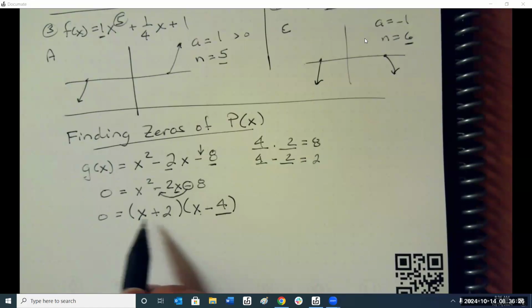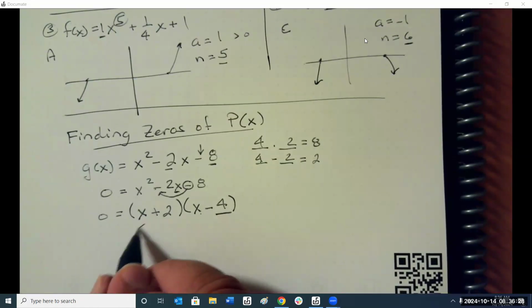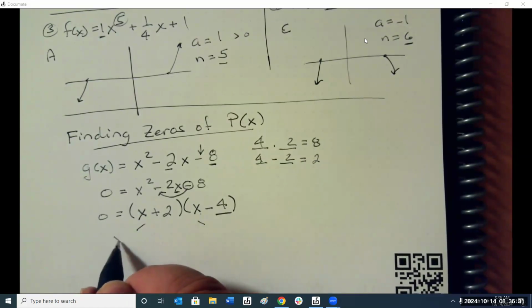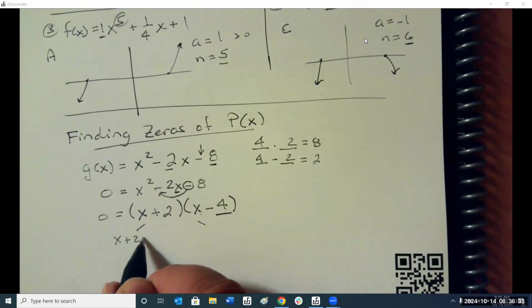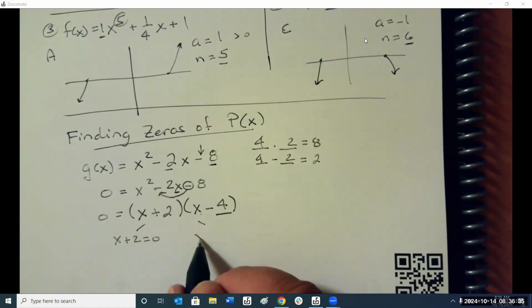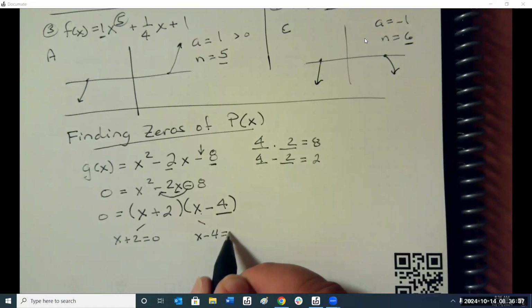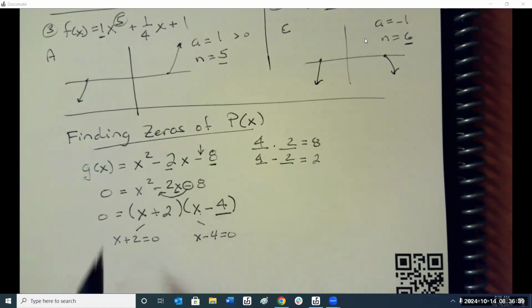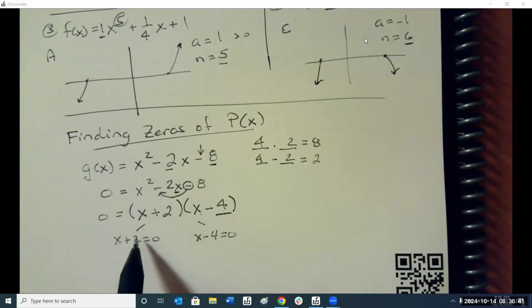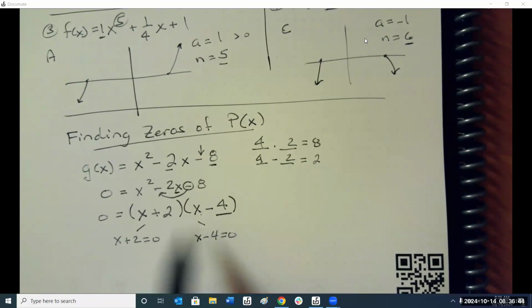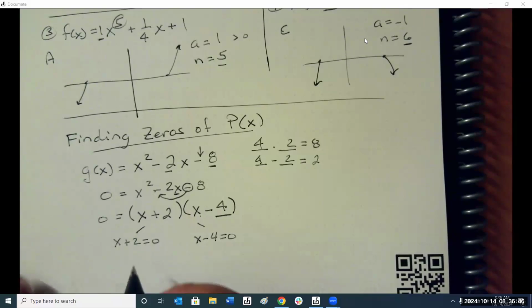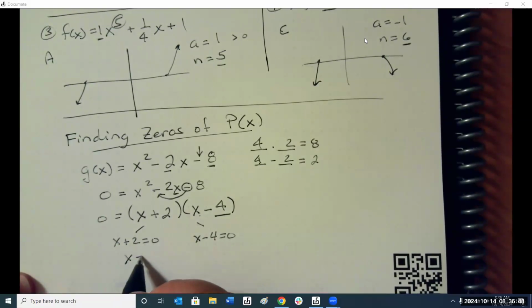All right, we factored it. Now we take both of these terms and set them equal to 0. That's the zero product principle. If you have two numbers that multiply to equal 0, that means the first one can be 0, or the second one can be 0, or they can both be 0.